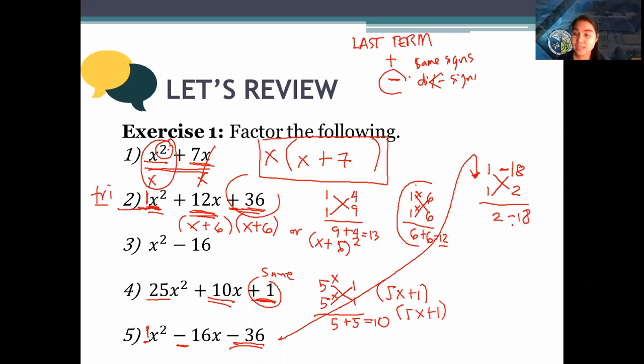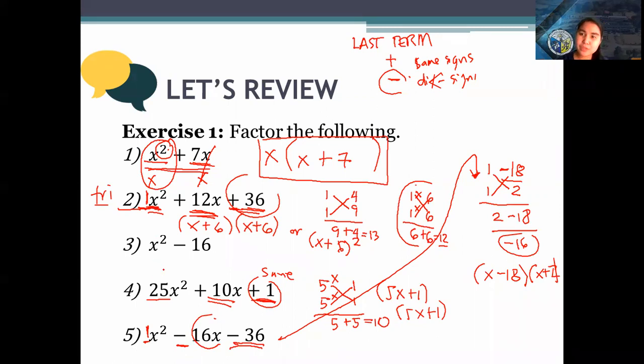So if you add 2 minus 18, the answer is negative 16. Very good. So it's the same. Let's write our factors. x, it's negative 18, so minus 18. And the other is x plus 2.